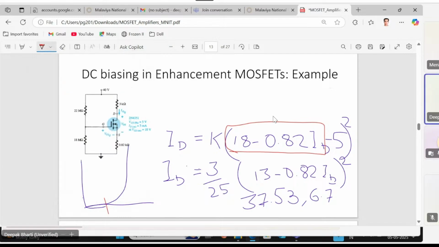Now let's write down the equation of the load line. The VT point is 5 volt, and we have to draw this equation: 18 minus 0.82 ID. Let's say 18 is here.